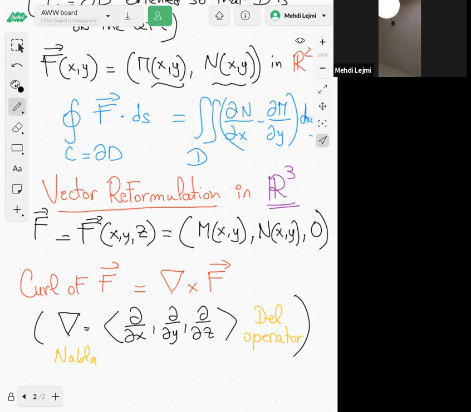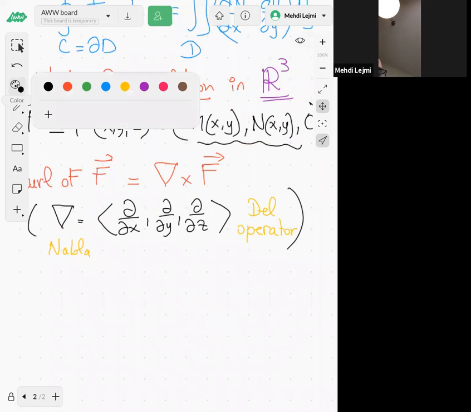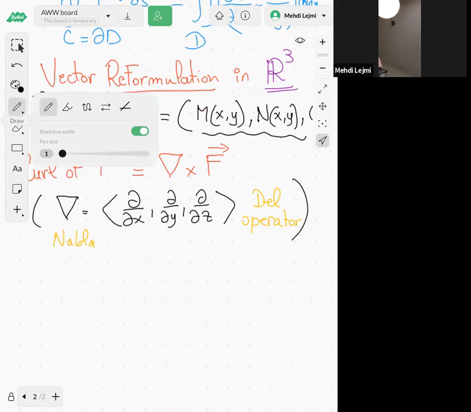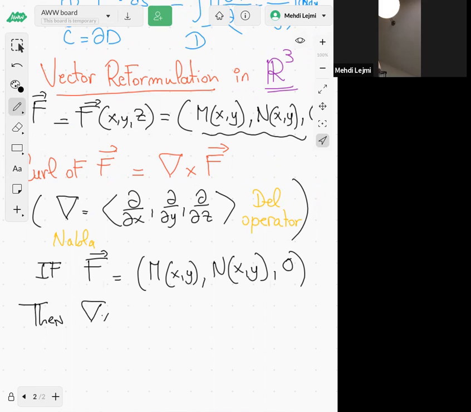All right, and so if F is equal to M of x, y, N of x, y, and 0, then if you compute this cross product, the curl of F is 0, 0, and then partial N, partial x, minus partial M, partial y.